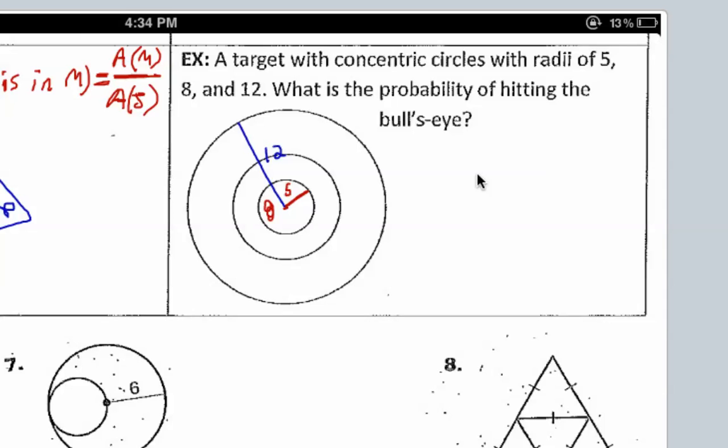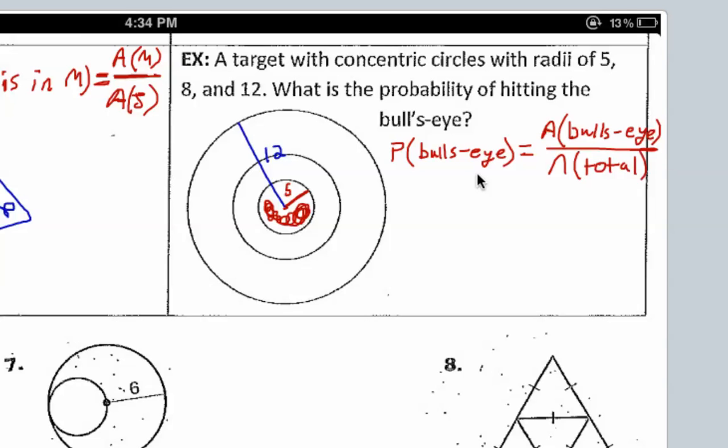What we would do is say, the probability of hitting the bullseye is the area of the bullseye divided by the total area. And I think you should always write out what you're thinking before you do any math.